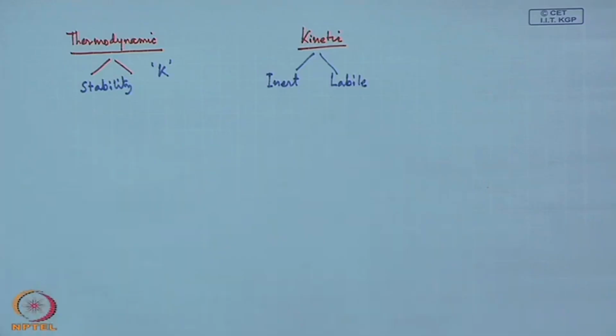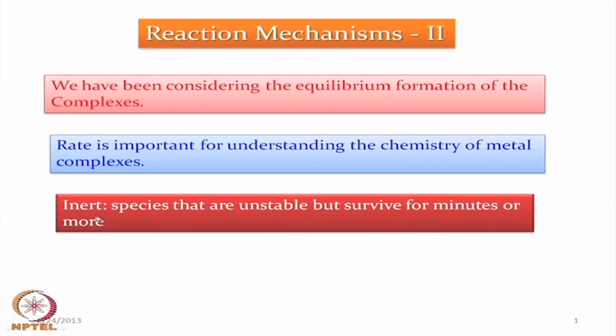So, when we call a particular compound an inert complex, it is a particular metal ligand assembly or species that is unstable but survives for minutes or more. If in solution a transient species is formed and has some survival time of a minute or more, we can consider that particular compound as inert.